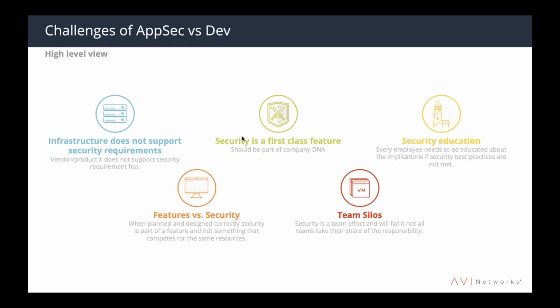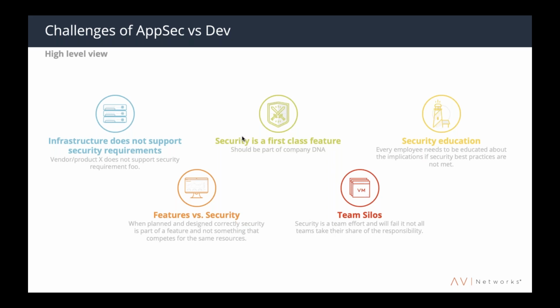First of all, I hear a lot, the infrastructure does not support the security requirements. So the product, the vendor does not support the security requirement X or foo. And the reason is usually it's not built for a modern application architecture where you need a lot of APIs to automate all this deployment piece and so on.